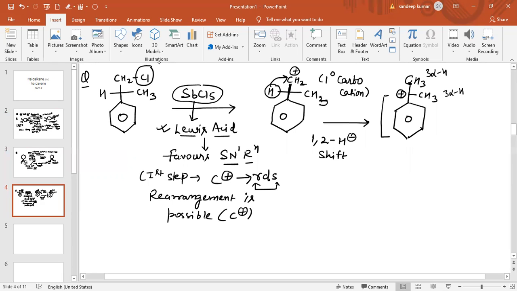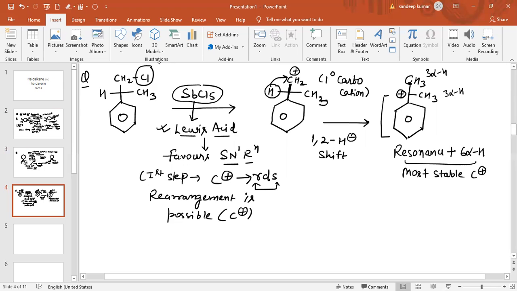So resonance is there, and 6 alpha hydrogen atoms are there. So this is the most stable carbocation.